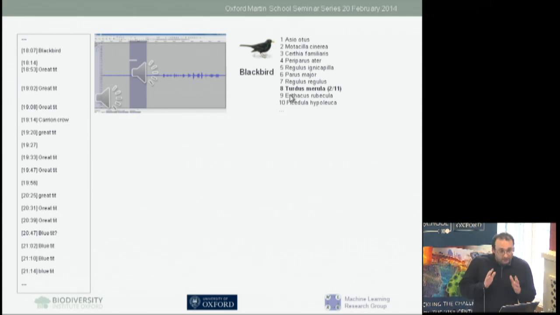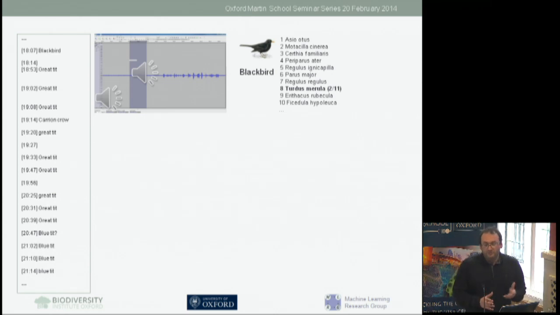And when you restrict your options to the 11 that you expect to hear around the university parks at this time of year, at this time of the day, and so on, it was the 2nd option. You have to keep in mind that this was a very bad recording, as you could hear, on my mobile, and it was completely independent of the training set we had. So that's not a very bad result.